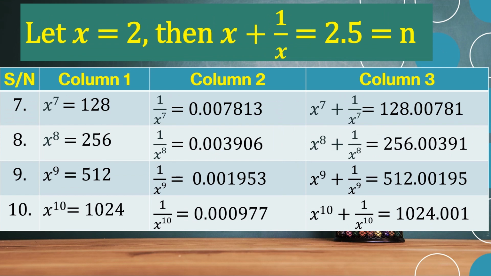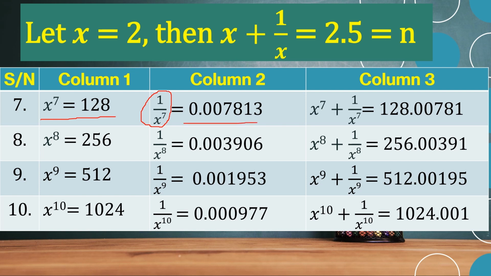So similarly, we know what our x is. Our x is equal to 2. And by the time we substitute 2 raised to power 7, we get 128. And by the time we say 1 divided by 128, we get this value.